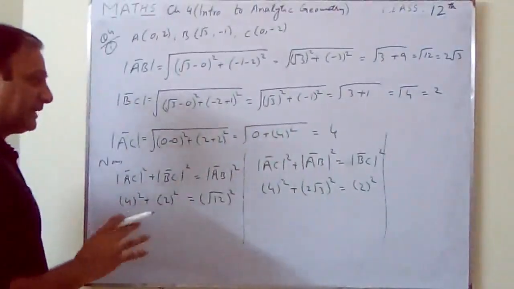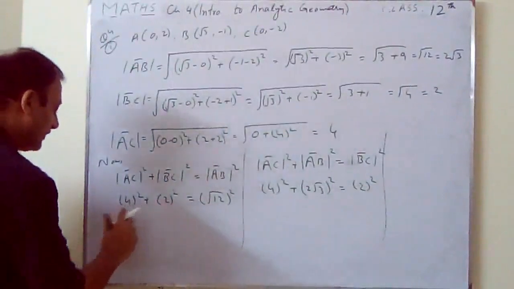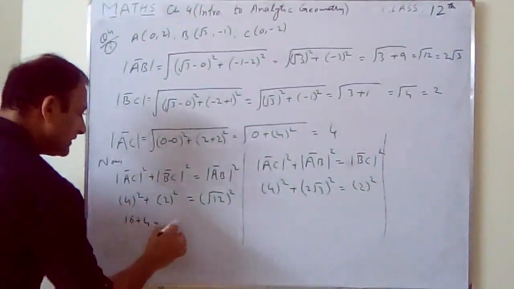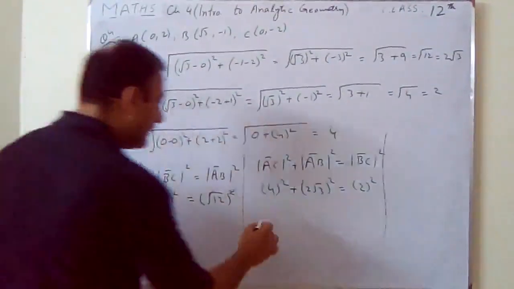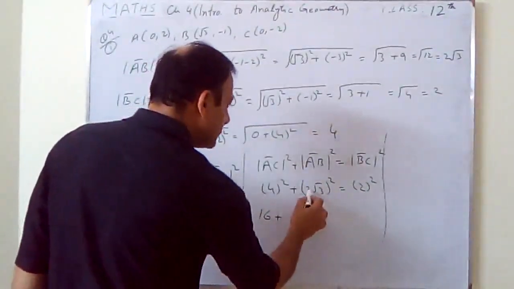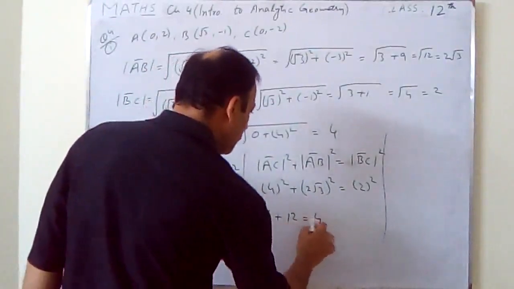These are the three possibilities. If we solve, 16 + 4 is equal to 12, not possible. Here 16 + 12 is equal to 4, not possible.